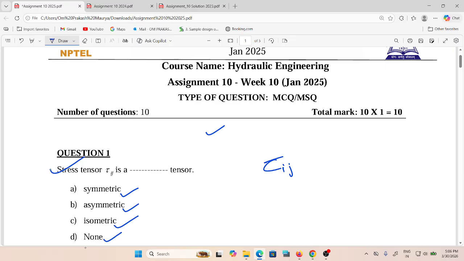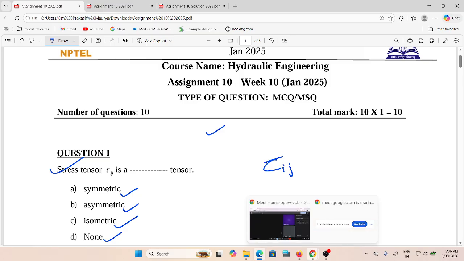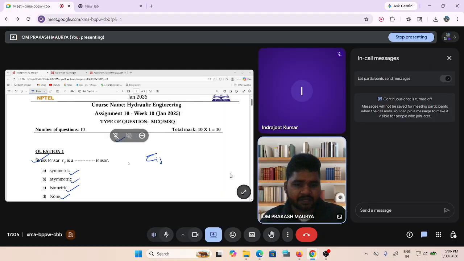So you have the four options for first question. So just try to think which option will be correct. The stress tensor tau ij. You can write in the chat box your answer, please. Hopefully, other participants will join today.